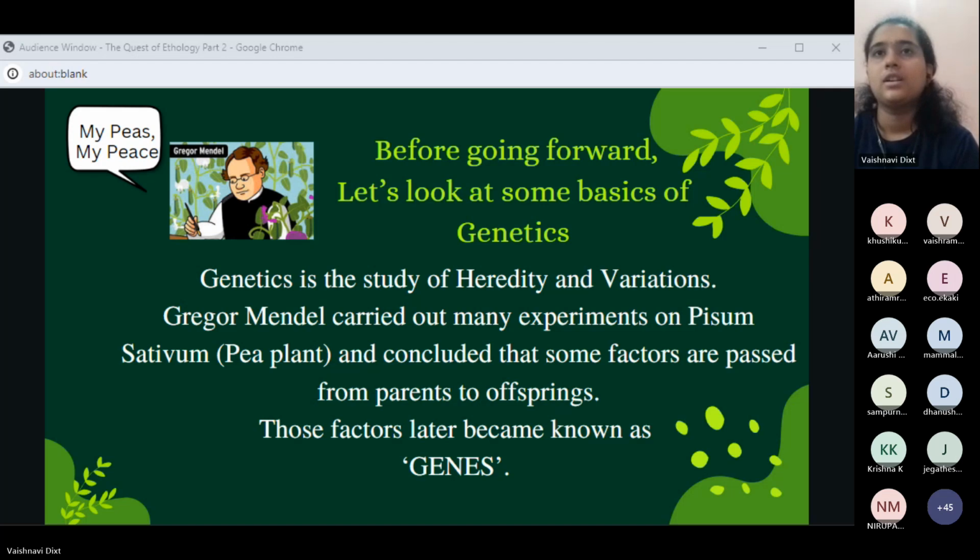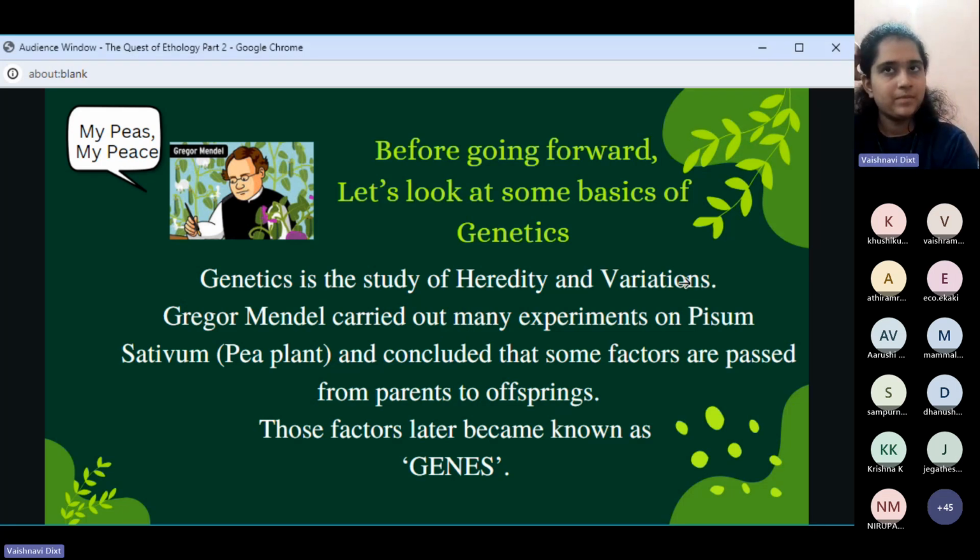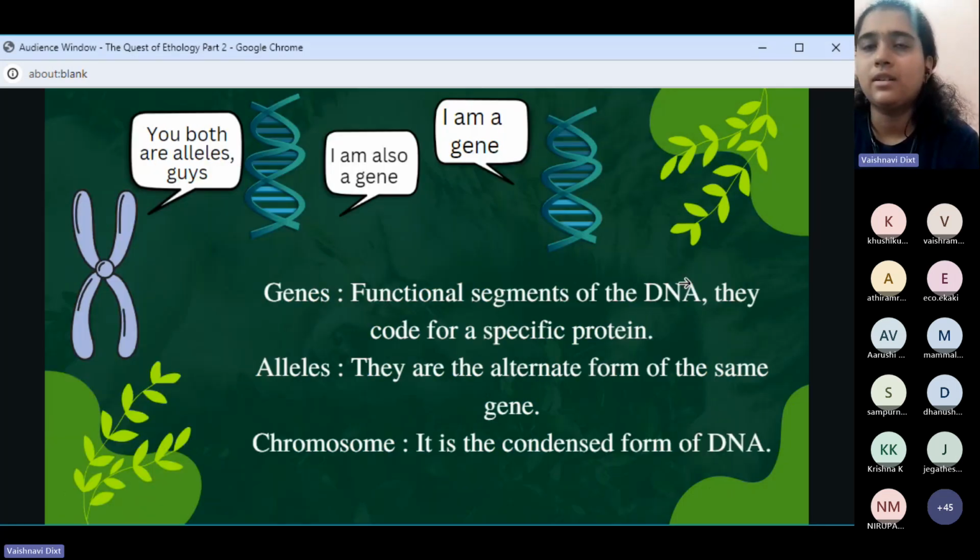So all of you guys are correct. Genes are the functional segment of DNA and they code for a specific protein. Alleles are the alternate forms of the same gene, and a chromosome is generally the condensed form of DNA.